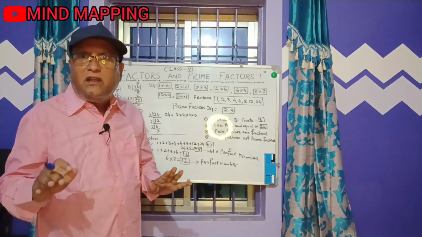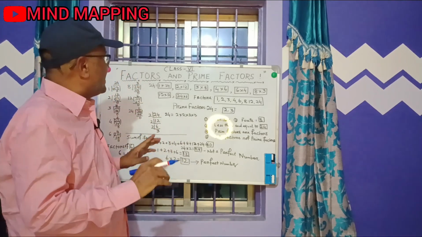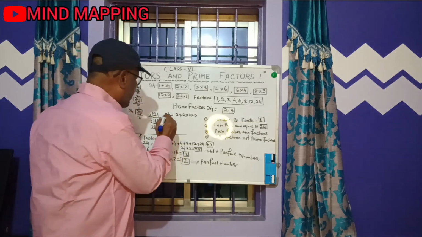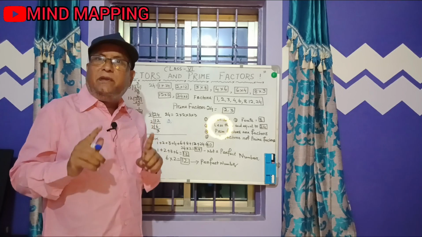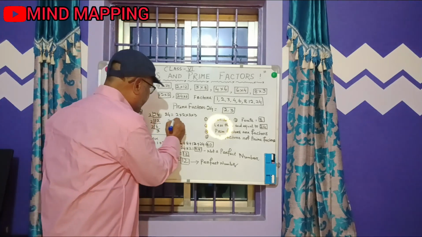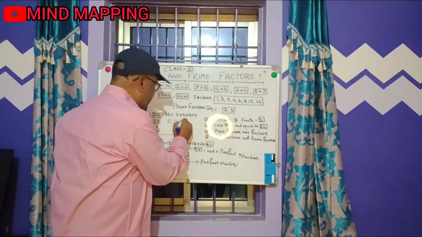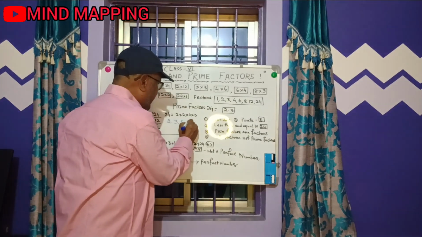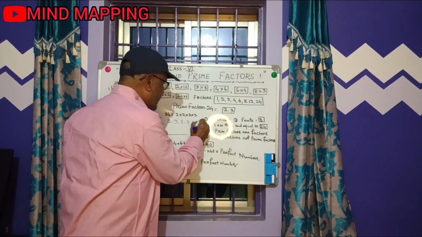It is an integer and it has only one factor. But what are the prime factors? 2 is the least even prime. Then 3 is a prime number. 5, 7, 11, 17, etc.